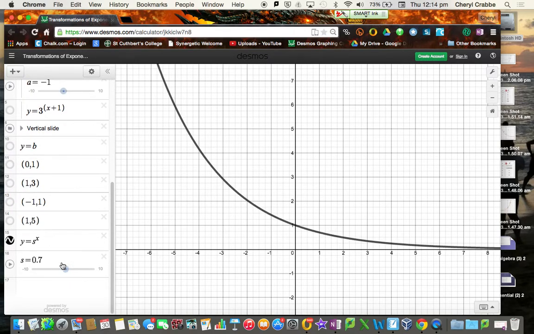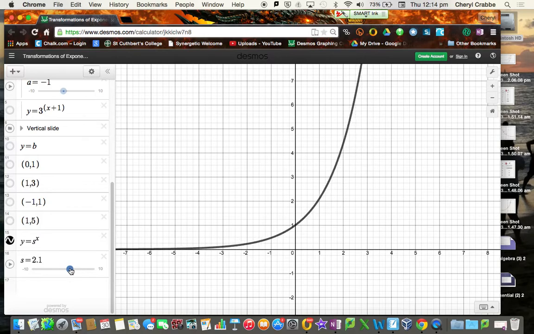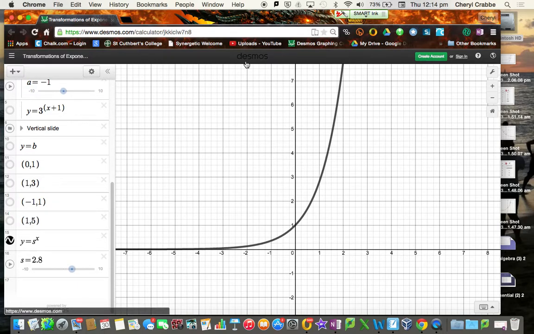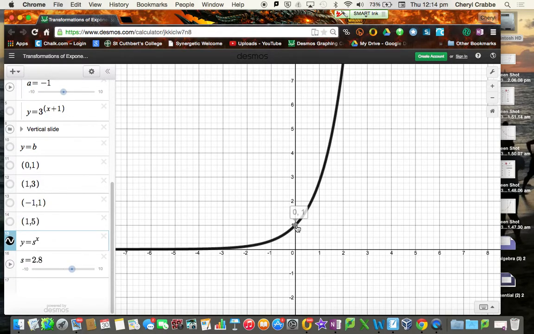If it's bigger than 1, it's a growth curve of various steepness. So those are the basic features of a parent exponential function. Decay, growth, know when a curve is decay or growth. Know that your point (0, 1) is always going to be there in a parent function, and that the x-axis is your asymptote.